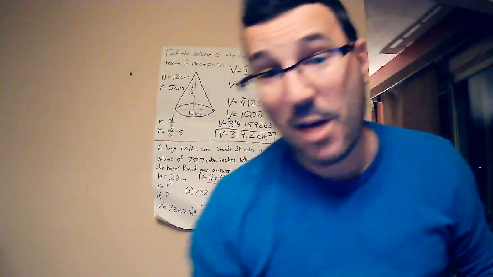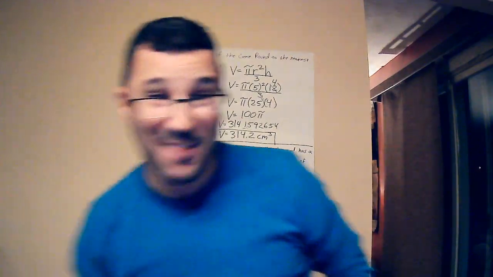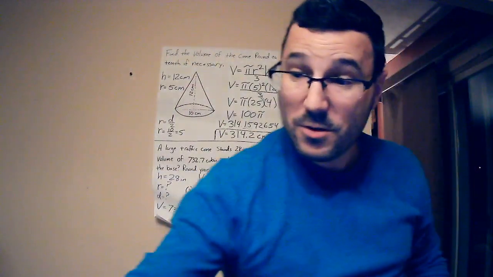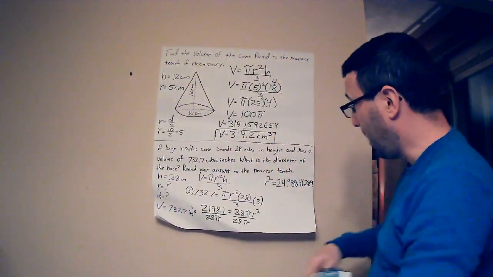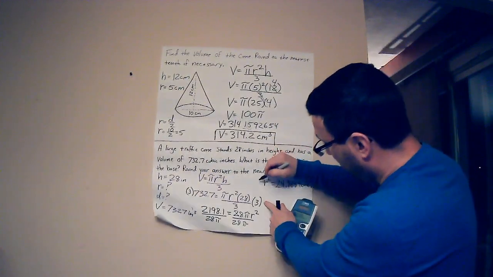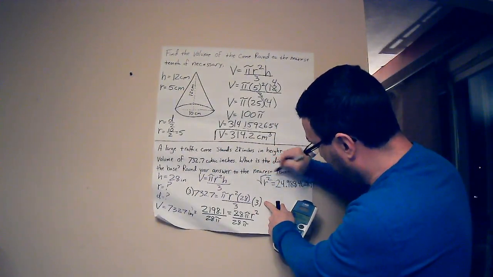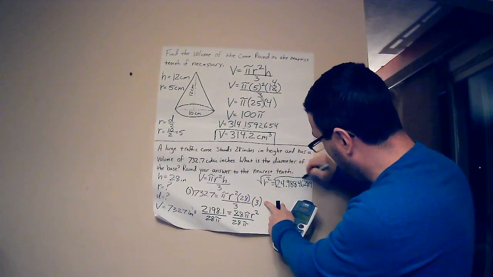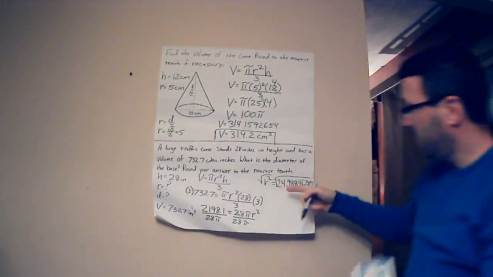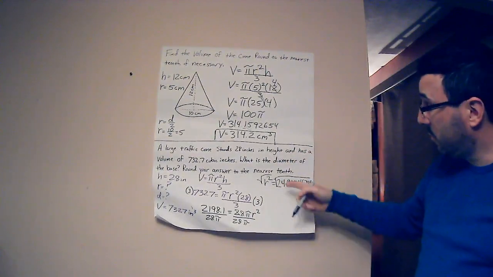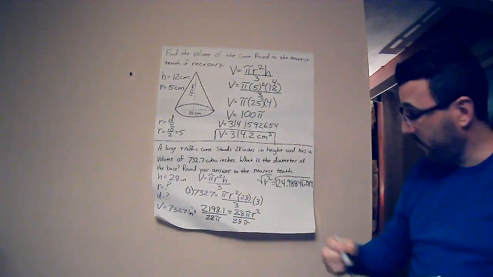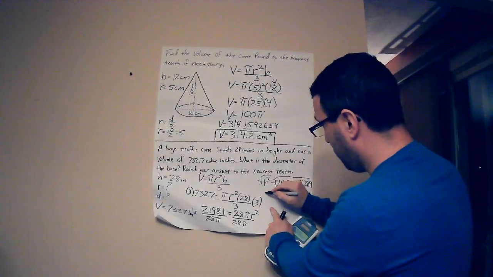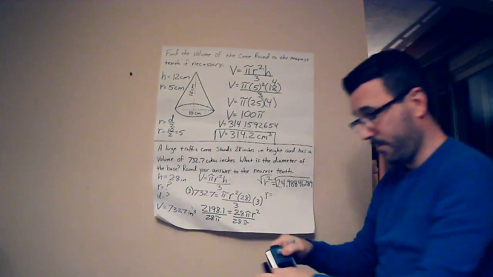Now what do we have to do? We actually have to take the square root. So I'm going to draw the square root symbol. It's that thing that sometimes you guys confuse with a division symbol. I drew my square root symbol around both things. I'm going to write down r again.